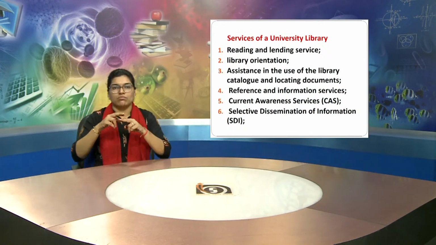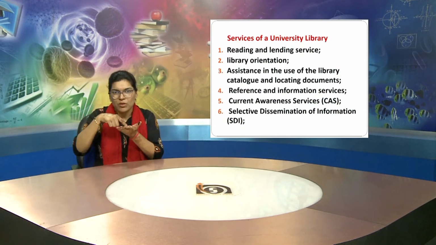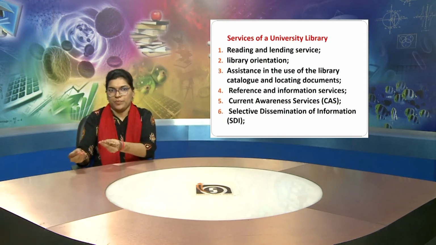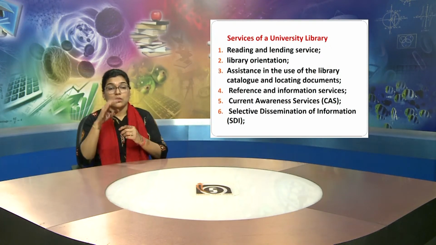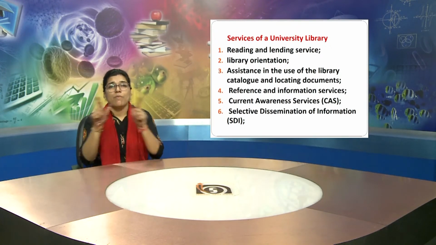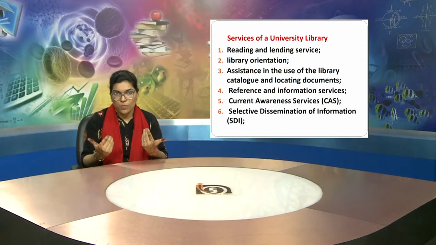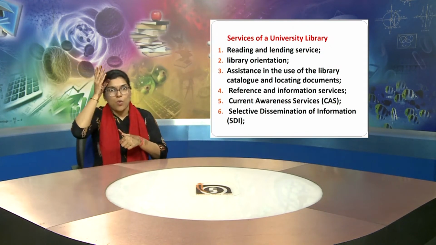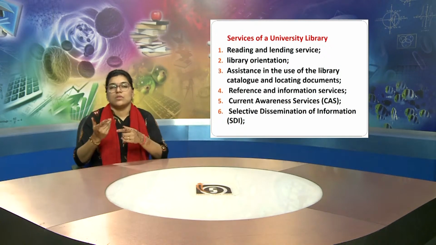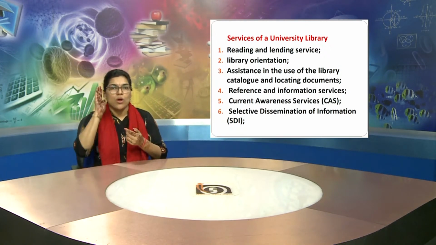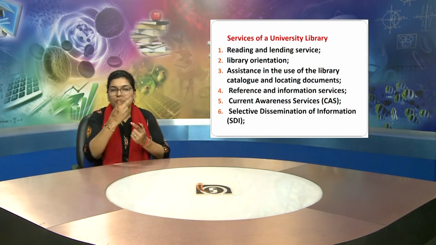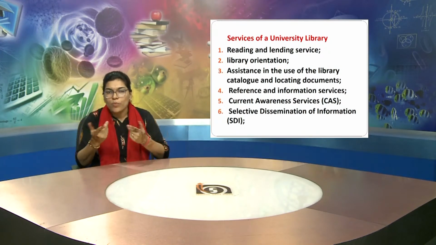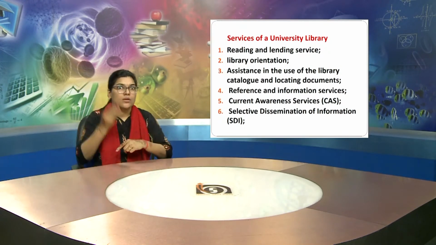The fourth service of the university library is reference and information services. The fifth service is CAS, which means current awareness services. In brief, we call it CAS, as all the current updated awareness services are known as CAS.